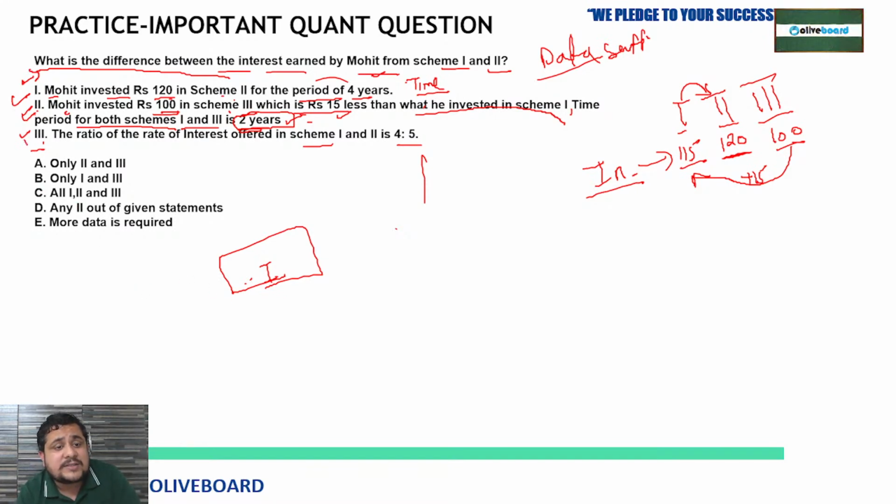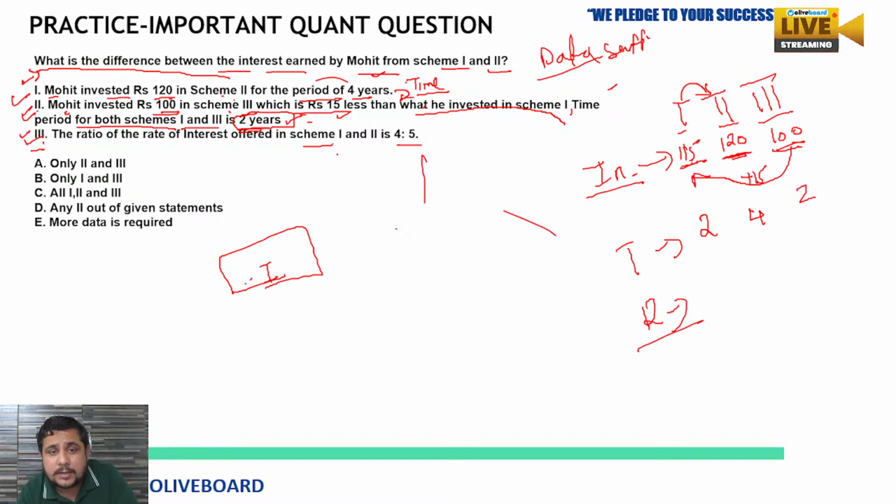Now if we go for statement third, because if we merge first and second together, we get the investment value 115 in scheme 1, 120 in scheme 2, 100 in scheme 3, and the time period also: scheme 1 for 2 years, scheme second for 4 years, scheme third for 2 years. Now is rate of interest or something given to us or not?